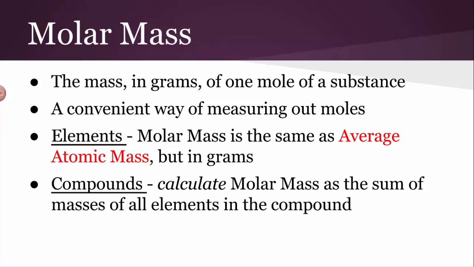Now, if it's a compound, you're going to calculate the molar mass simply by adding up the masses of all of the elements in that compound. So you'll need a formula to start with. Let's take a look at a couple of examples. Let's say that we want to find the mass of a mole of CH4, methane. Well, what's in CH4? There's 1 carbon and there's 4 hydrogens.